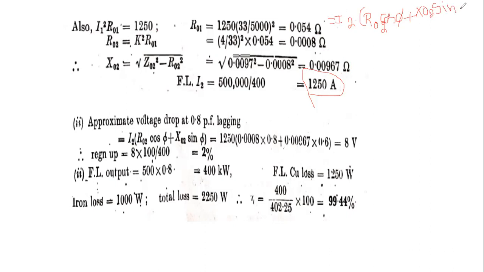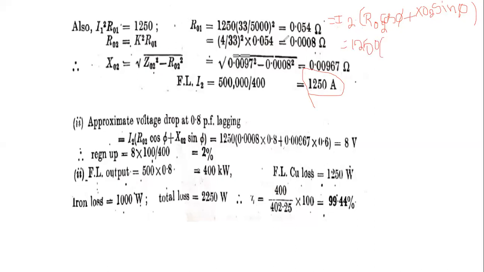Therefore, we are substituting the I2 value. What is the I2 value? That is 1250 into R02.